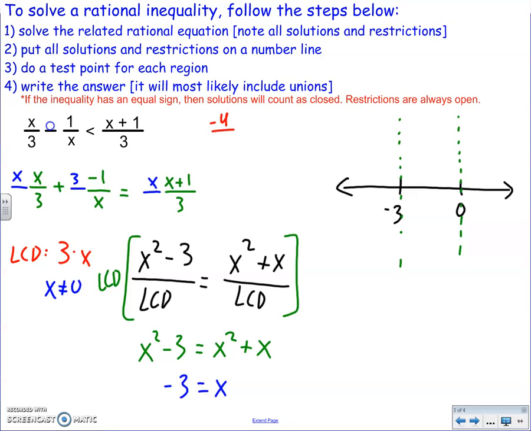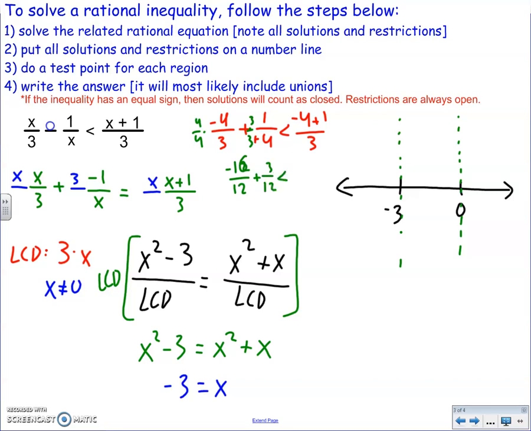Negative 4 over 3 minus 1 over negative 4. That's really plus 1/4. It's supposed to be less than negative 4 plus 1 over 3. If I add the left side and I do common denominator, which would be 12, so 4 over 4, 3 over 3, that will give me negative 16 over 12 plus 3 over 12.